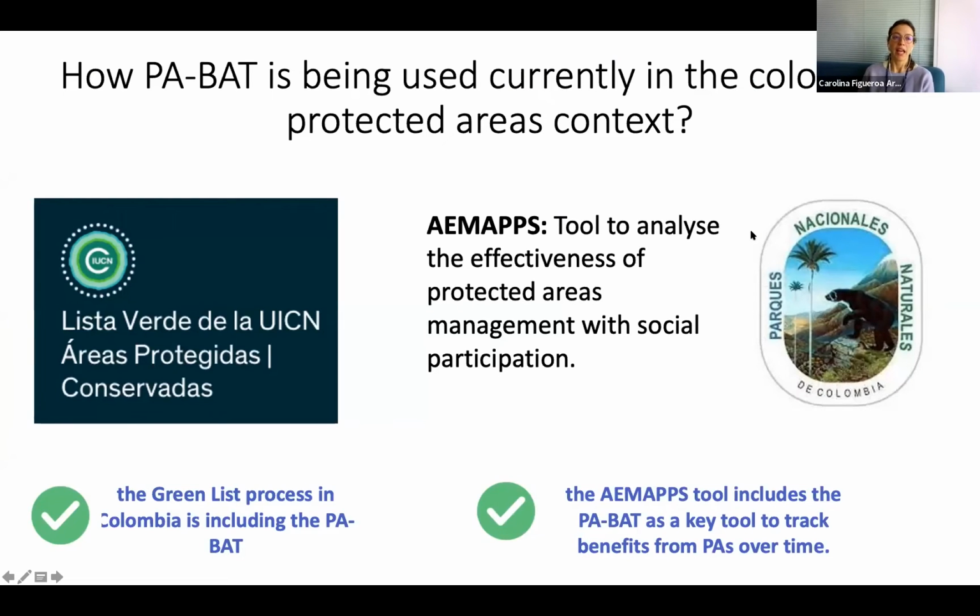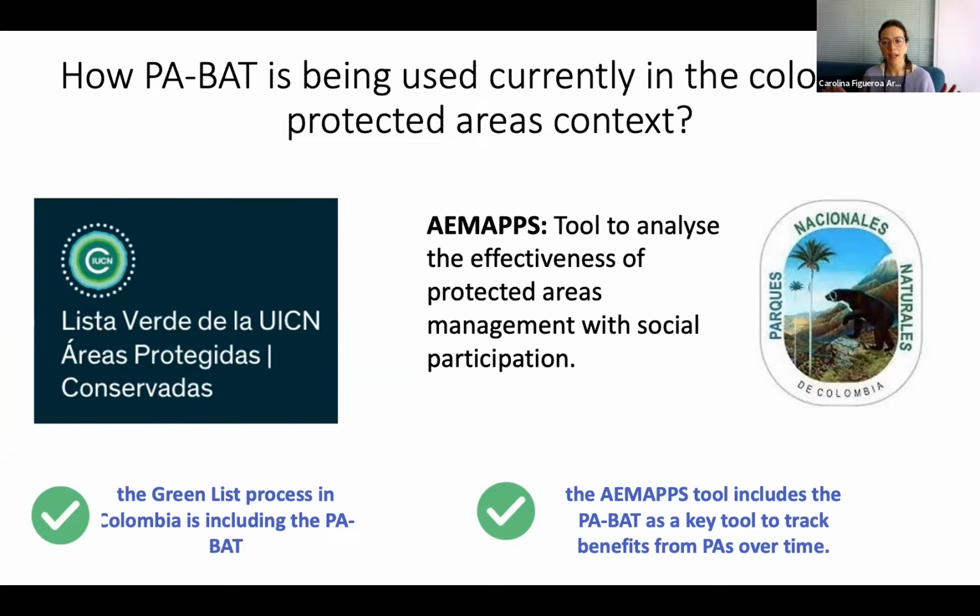So this is some very interesting information. What has happened later? We used only two protected areas, or two cases, one in an Amazonian region, and the other in a set of protected areas in a region that is very important for water supply to different cities in the country.